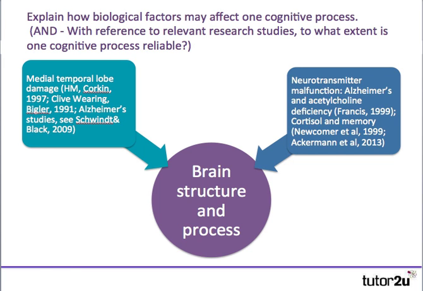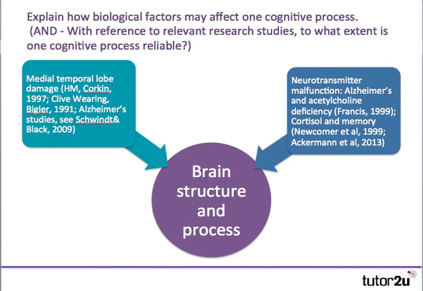And you can also use it with reference to relevant research studies: to what extent is one cognitive process reliable? And don't forget the neurotransmitter malfunction and cortisol and memory as well. You've got a lot of overlap here. If you use cortisol for memory, you can also use cortisol for stress and for depression as well.